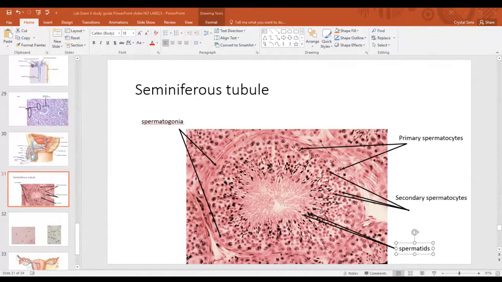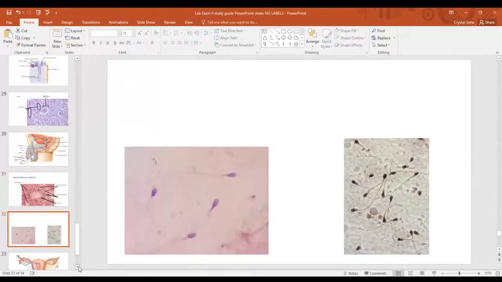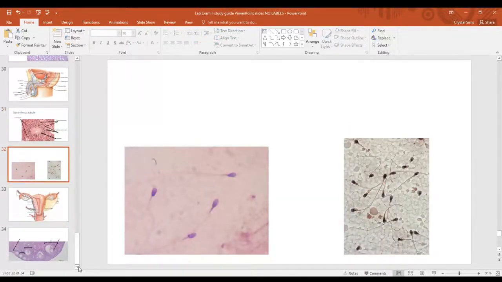So what do I have over on the left side? I have the spermatogonia over on the left side.